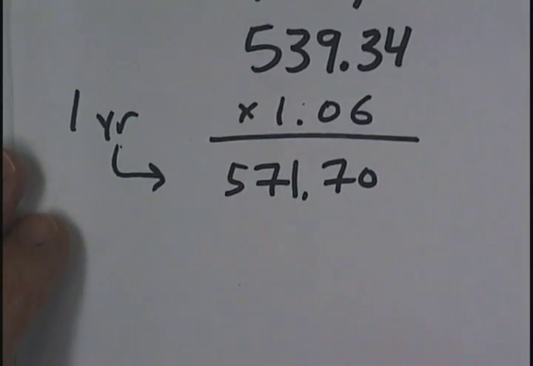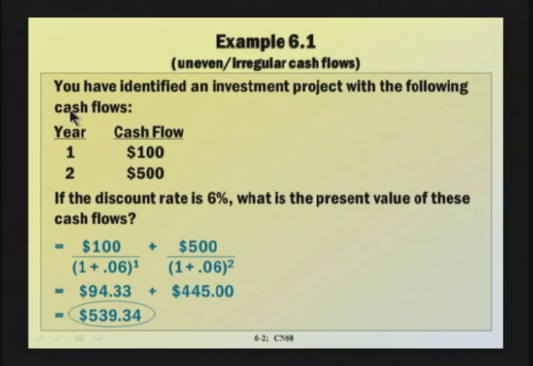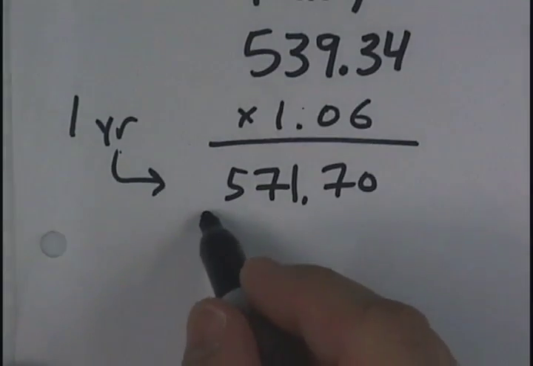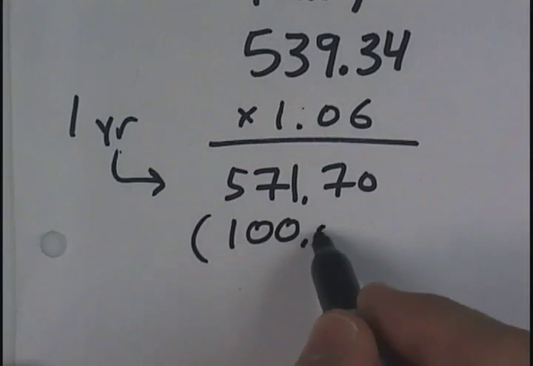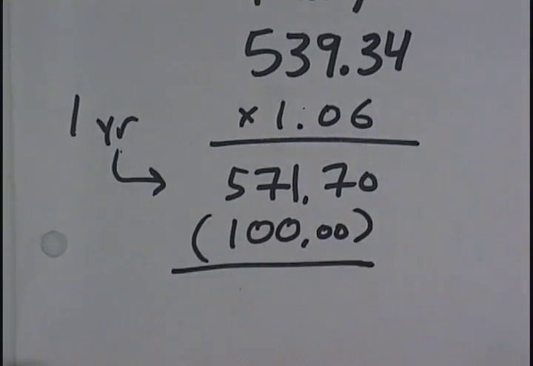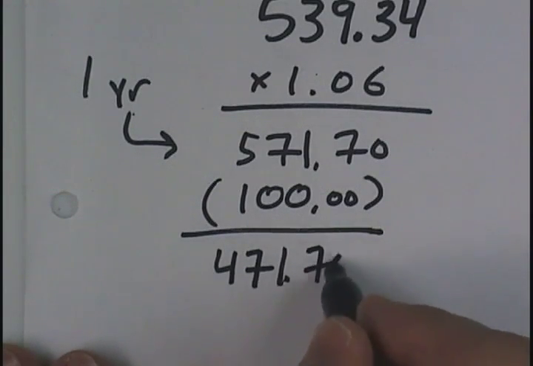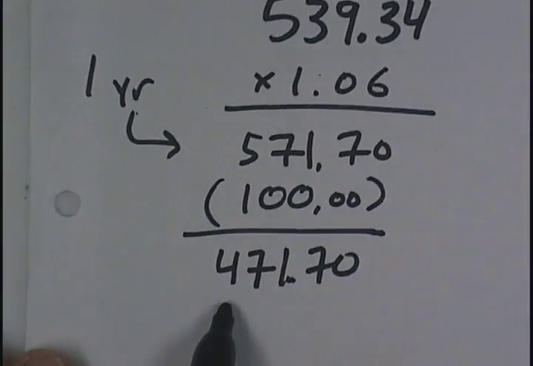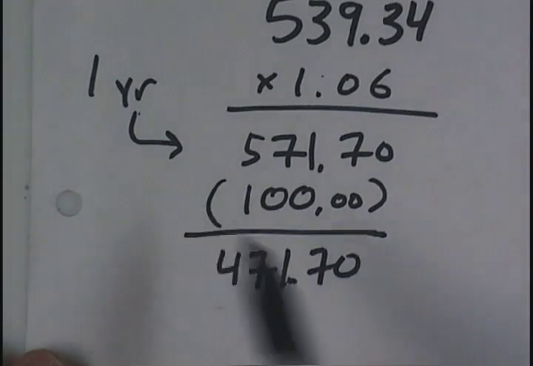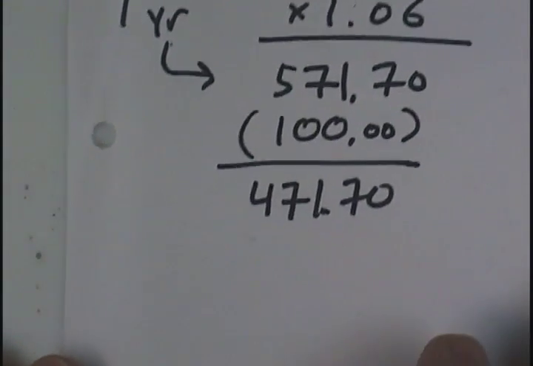At that point, the investment was offering me $100. So I should be able to get the $100 out of the investment like I was promised. And once I do that, I would be left with $471.70, and that's 1 year from now after I take the $100 cash flow out.